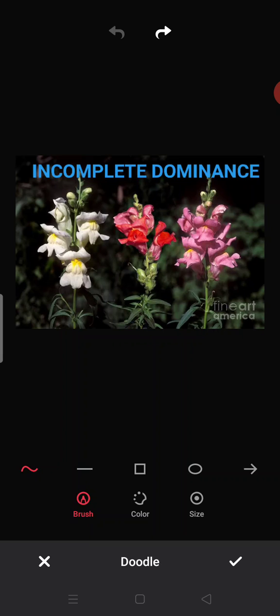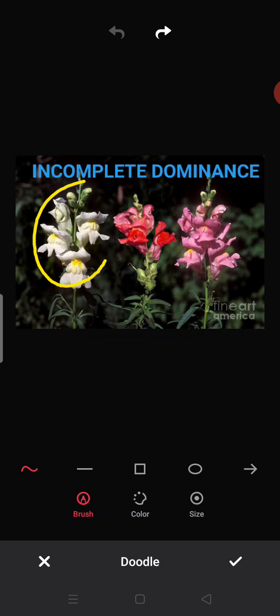Let's take, for example, this one. By the way, this incomplete dominance is usually shown in flowering plants. So, I have here an example, a snapdragon. So, it's a flowering plant.